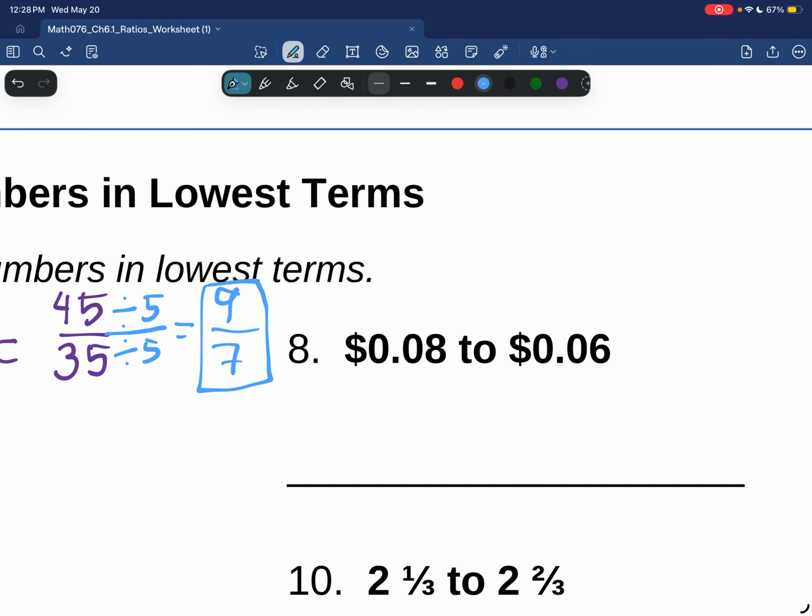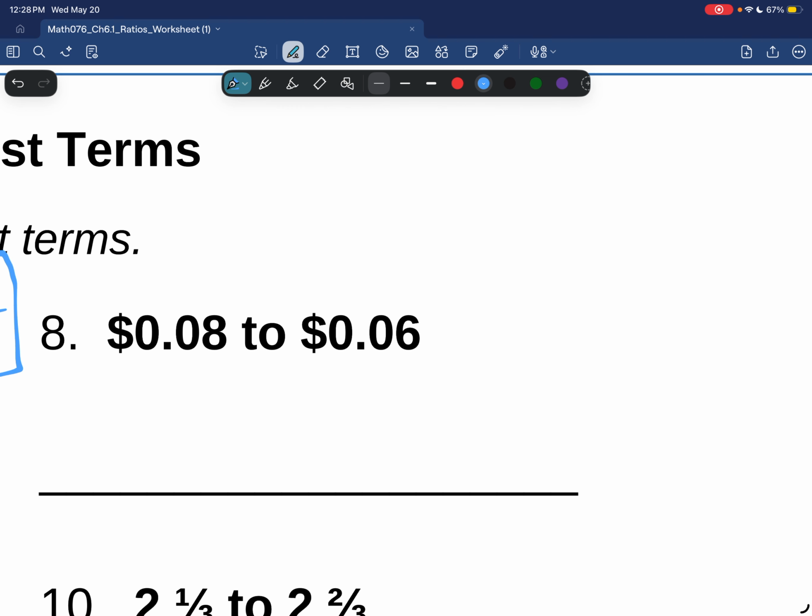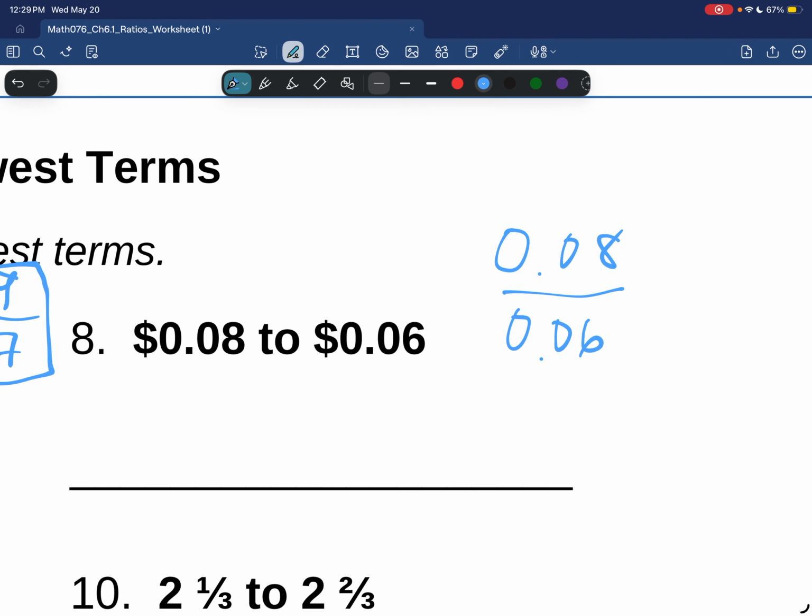Number 8, I've got 8 cents to 6 cents. So what I'm going to do here is my numerator is 8 cents and my denominator is 6 cents. 0.08 over 0.06. And now I've got hundredths in the numerator and denominator, and I desperately want to get rid of those because nothing makes me more uncomfortable than decimals in my fractions.